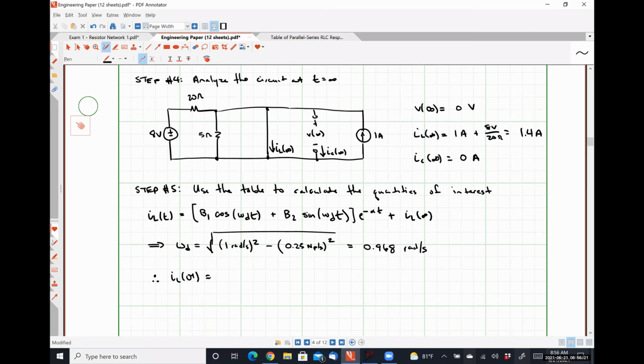So what is the cosine of 0? All right, so that means I'm going to have B1 times 1 plus B2. What is the sine of 0? E to the 0 is what? All right, so all of that is multiplied by 1, and then plus IL at infinity, which we found to be 1.4 amps.